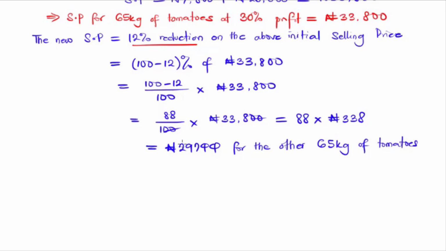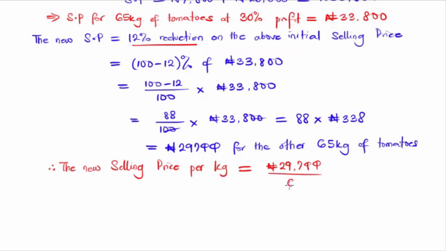Okay? So now we have to find the price per kilogram, not for the 65 kilogram tomatoes, but per kilogram. So the new selling price per kilogram will be this amount that we have gotten divided by 65. That will be 29,744 naira over 65, because this is the amount for 65 kilogram.